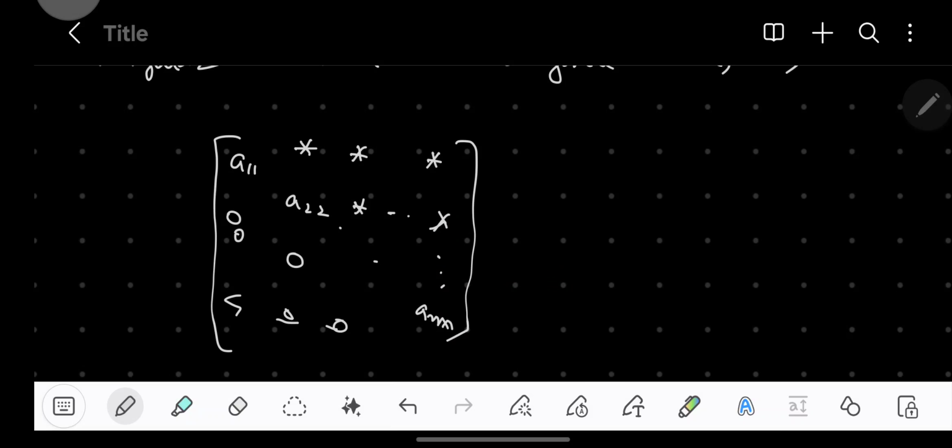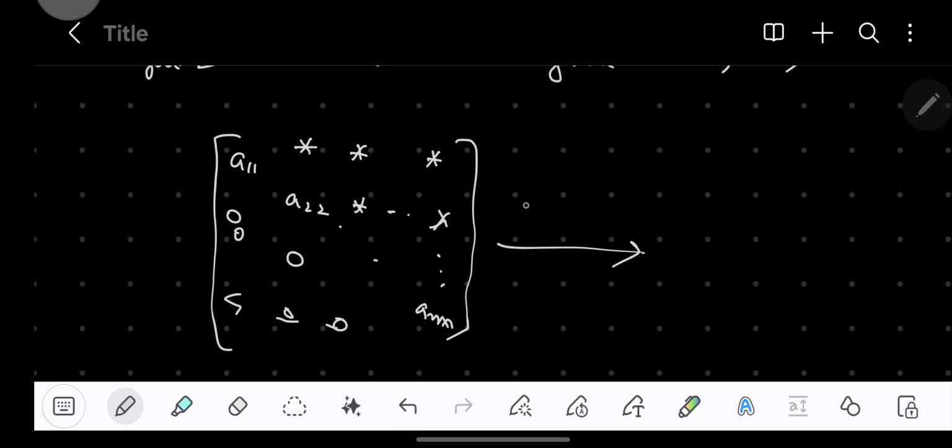Since this is the pivot entry, everything below the pivot entry is 0, and the next pivot entry is this, everything below this is 0, but above is not 0, but I can use a row operation to make this entry 0. Similarly, the next pivot entry is here, which is not 0, but everything below is 0. You can use row operations to make above also 0.